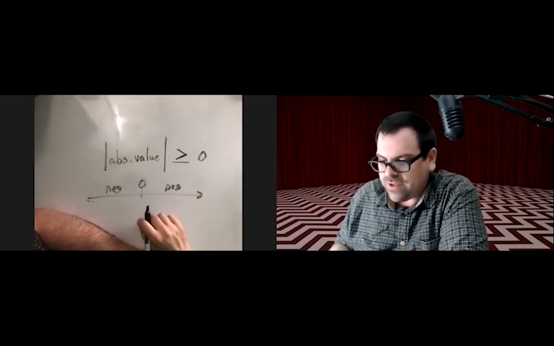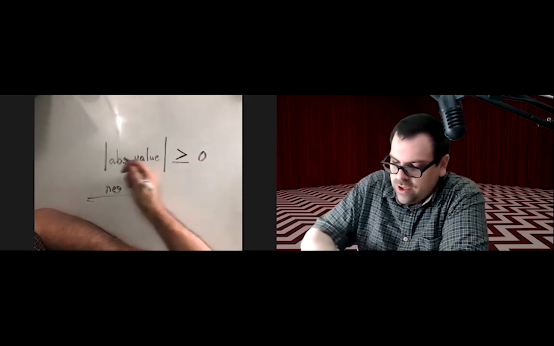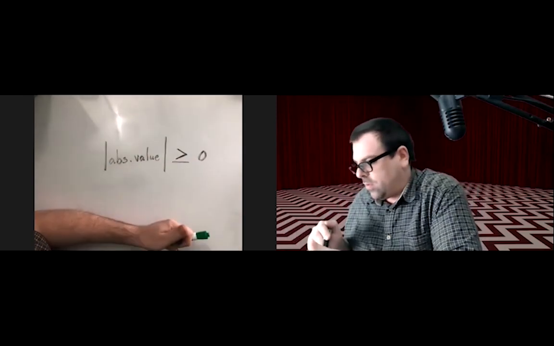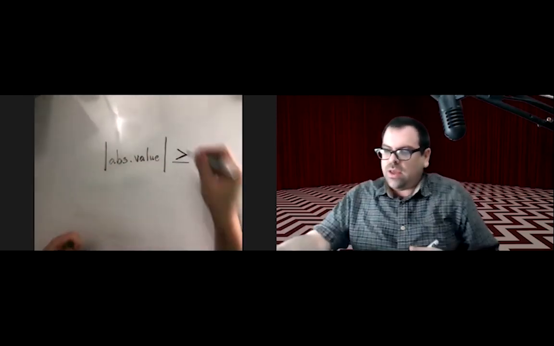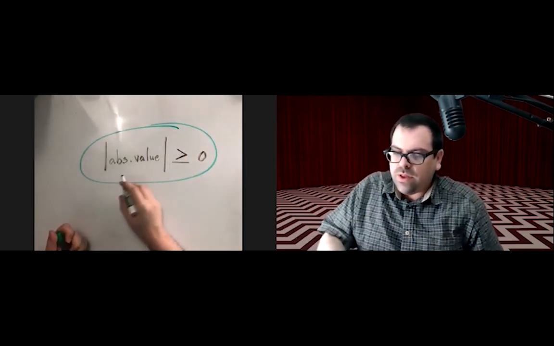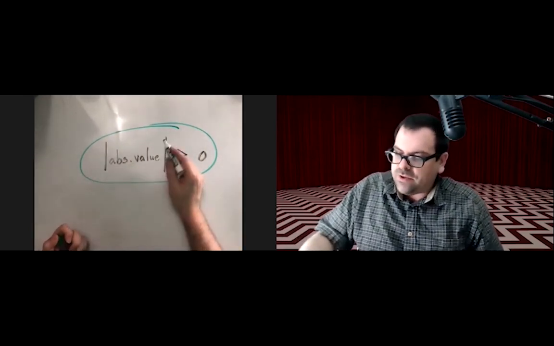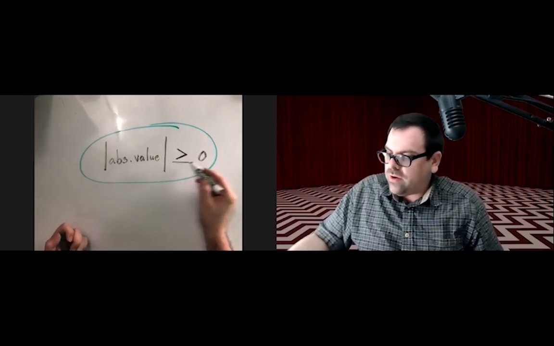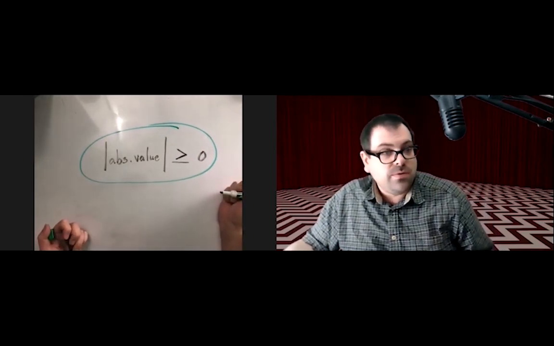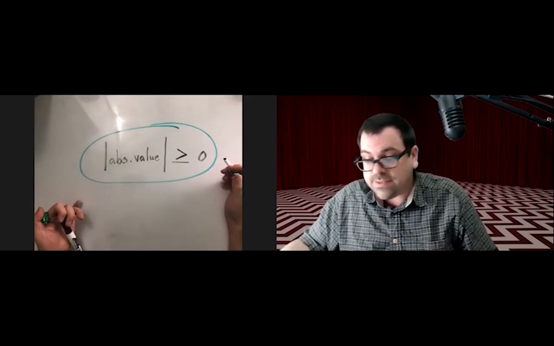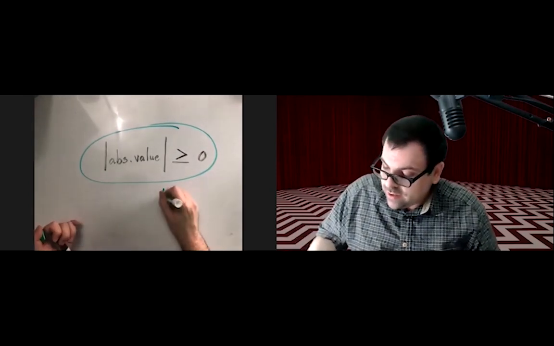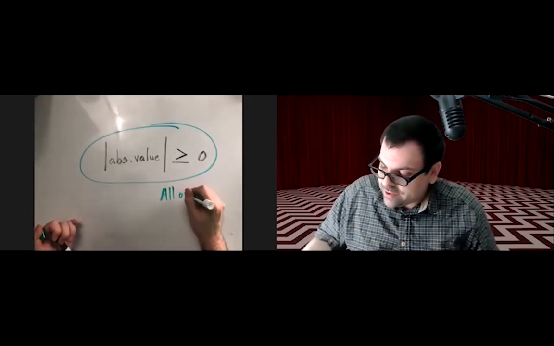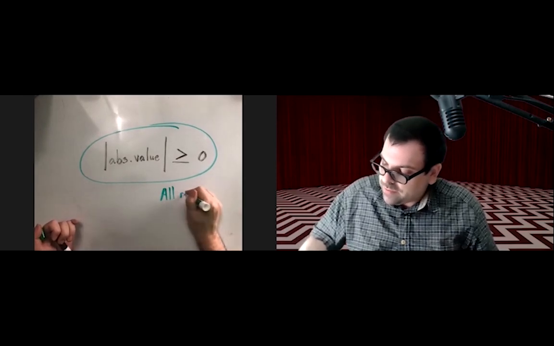Positive things are greater than zero. So this is something that is always true. It is always true that an absolute value is greater than or equal to zero. So when we see this, this is a special case where our answer is going to be all real numbers.